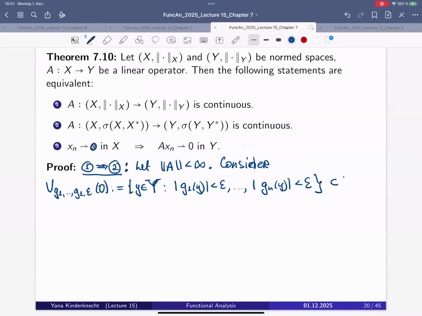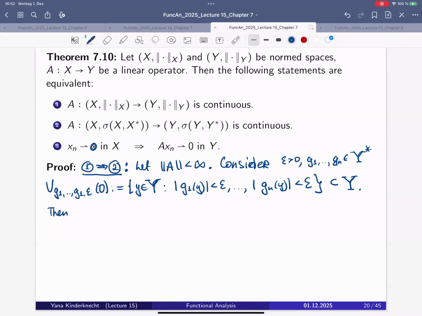So this is a subset of Y, and we consider epsilon positive and g_1, ..., g_n elements of Y star. So we have this neighborhood of zero. It's a basic neighborhood of zero.